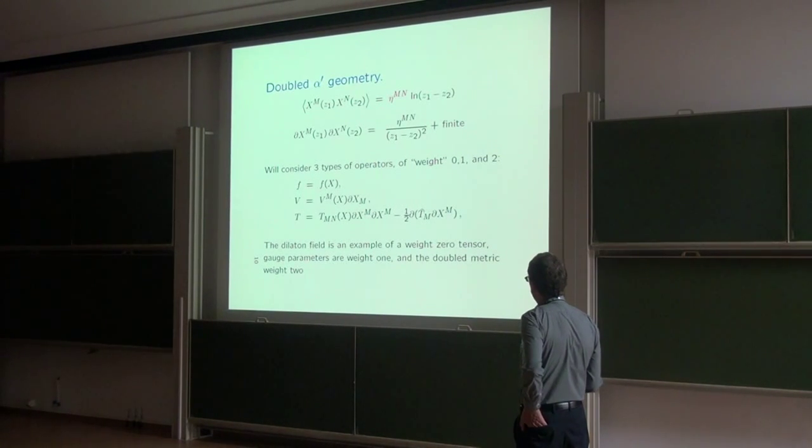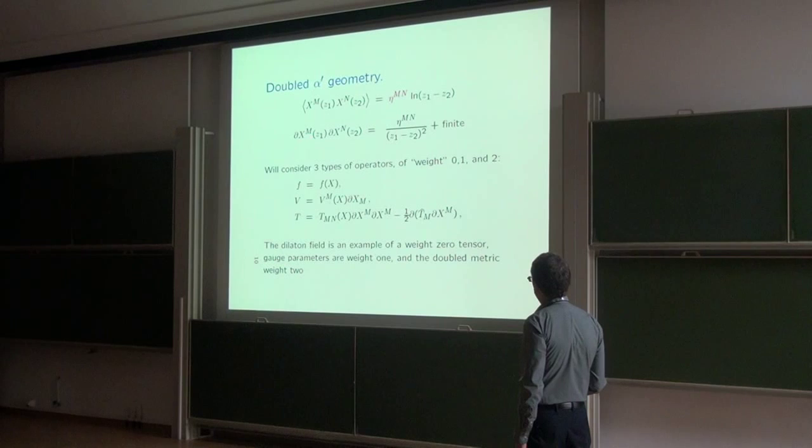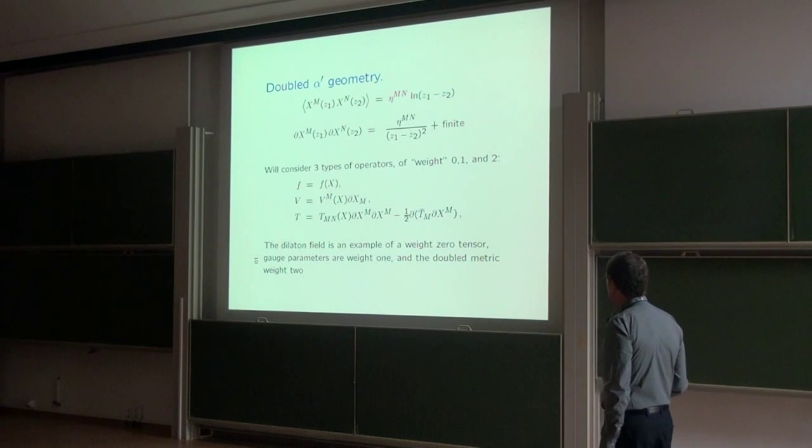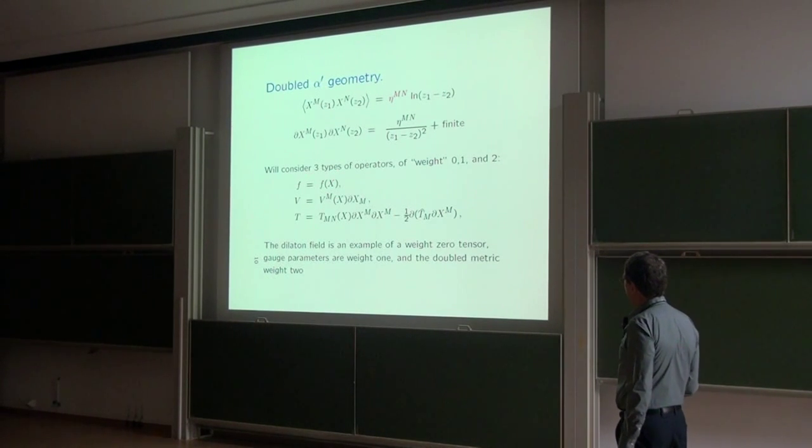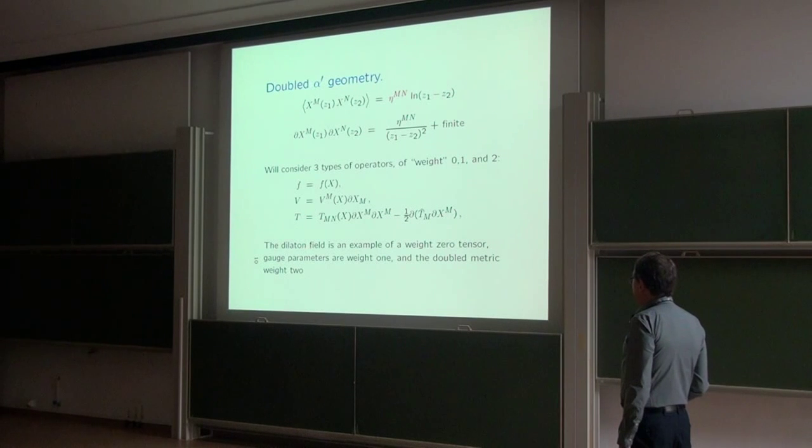So you build a conformal field theory this way. In this way, the currents have this OPE, and you will consider three types of operators: scalars, vector operators, and tensor operators. The dilaton field that depends on the coordinates is an example of a weight 0 tensor.